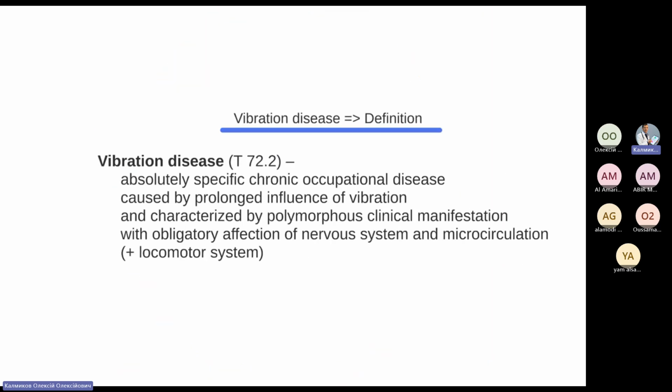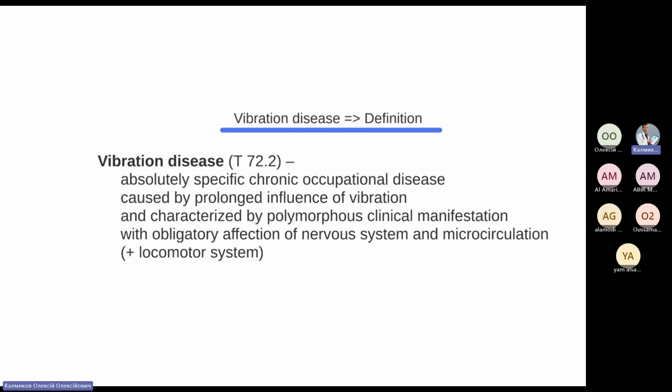Let's go inside. By definition, vibration disease is an absolutely specific occupational disease caused by sufficiently prolonged exposure to vibration, its causative agent, and characterized by heterogenic polymorphous clinical manifestations, but with obligatory affection of at least two, or maximally three, optionally three systems.